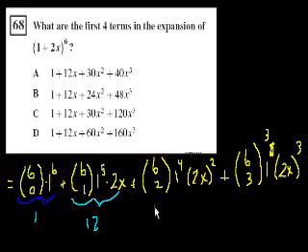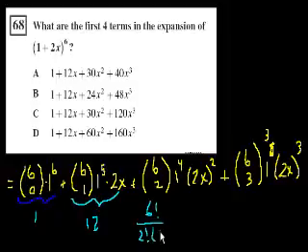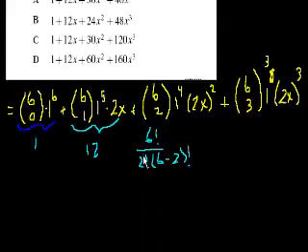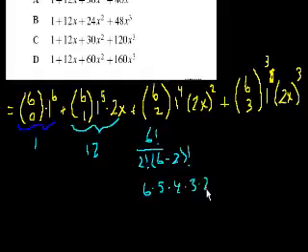6 choose 2. That's equal to 6 factorial over 2 factorial times 6 minus 2 factorial. So that is equal to 6 factorial, which is 6 times 5 times 4 times 3 times 2 times 1, but the 1 doesn't change anything, divided by 2 factorial, which is 2 times 1, or just 2, times 6 minus 2 factorial.